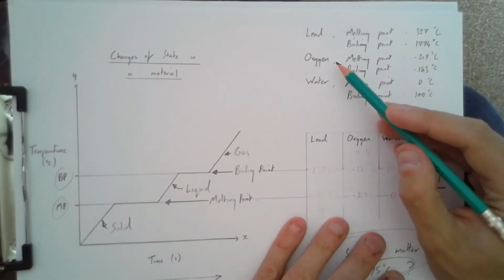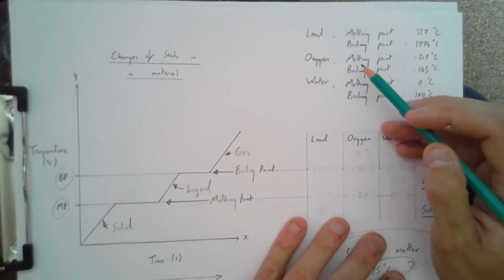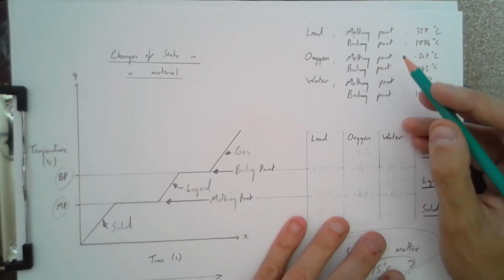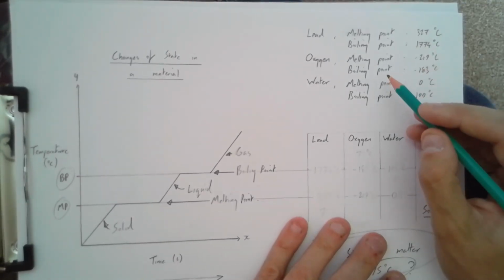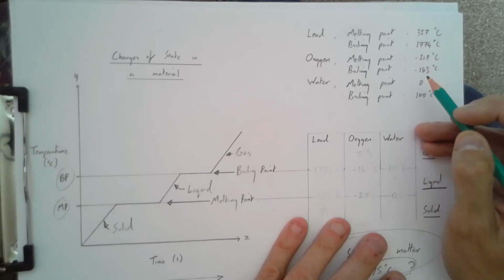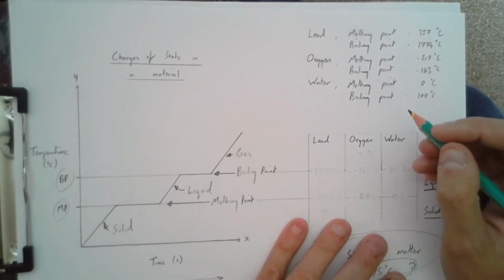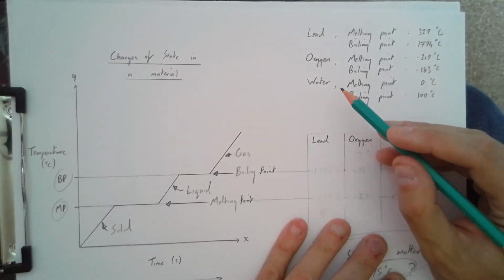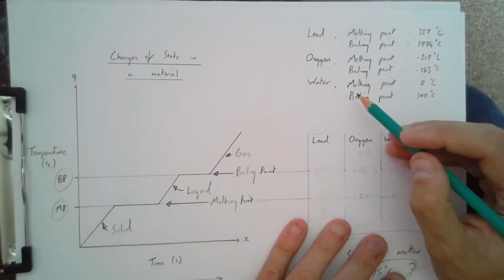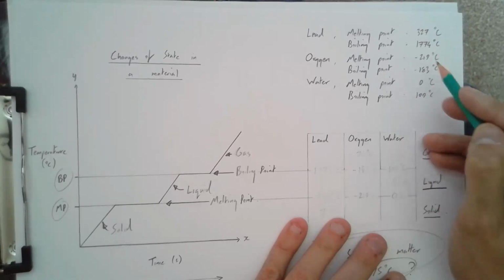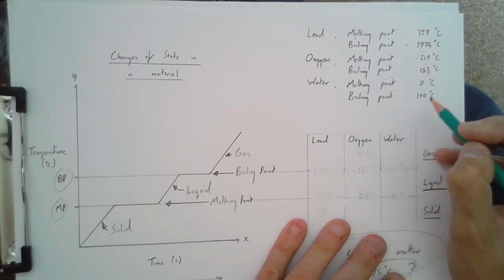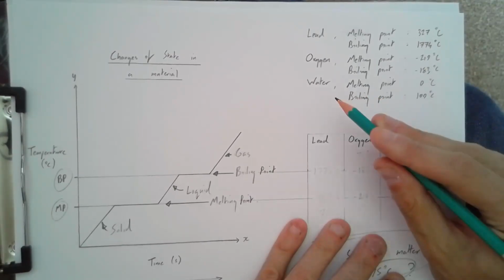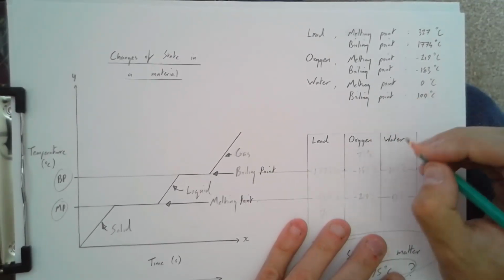Oxygen, now it's a non-metal, whereas lead is a metal, its melting point's really, really low, minus 219 degrees C, whereas the boiling point, not quite as low, but still very low, is minus 183 degrees C. Now let's compare that to water, which we are all hopefully familiar with. Water melts at 0 degrees C, going from ice to liquid. And then its boiling point at 100 degrees C is where we go from liquid water to steam, its gas form.